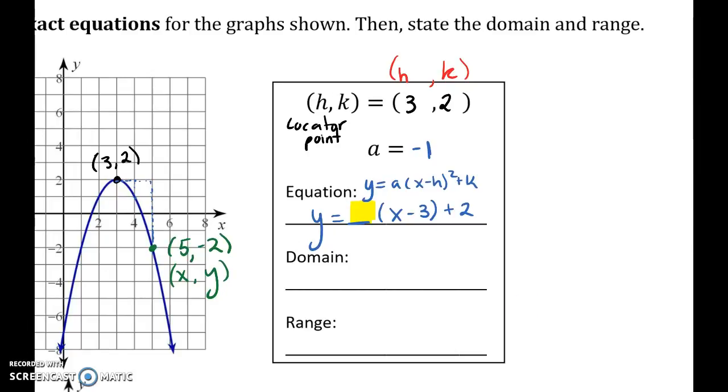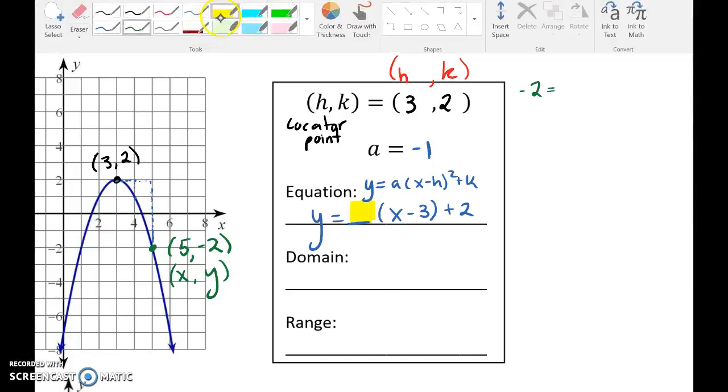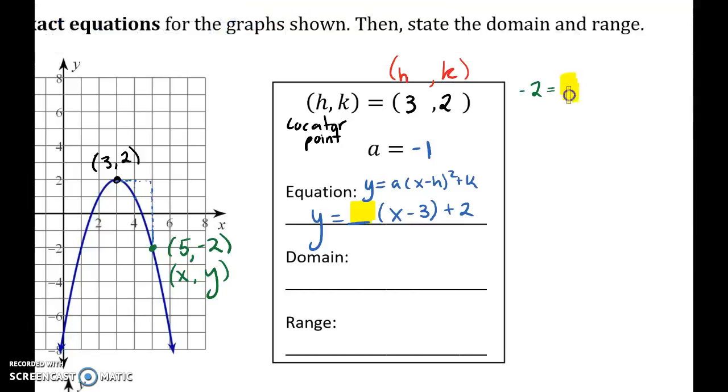So I'm going to say y, and our y is -2, so I reference our -2 up there, equals a, that's our unknown, remember? That's what we're solving for.